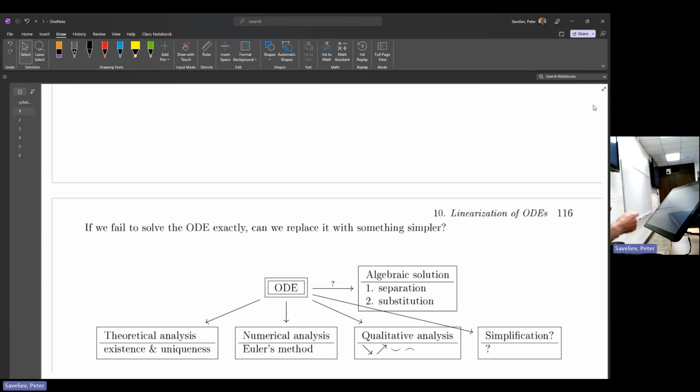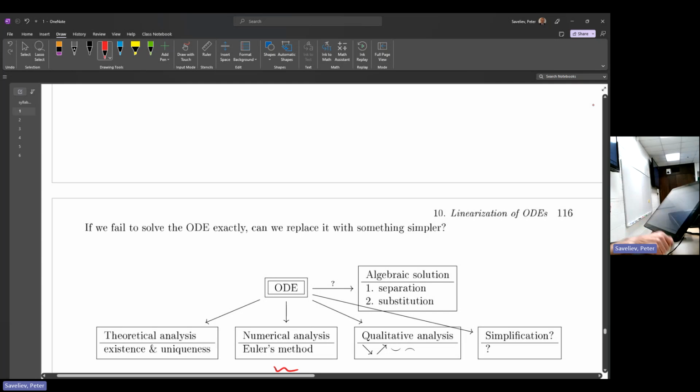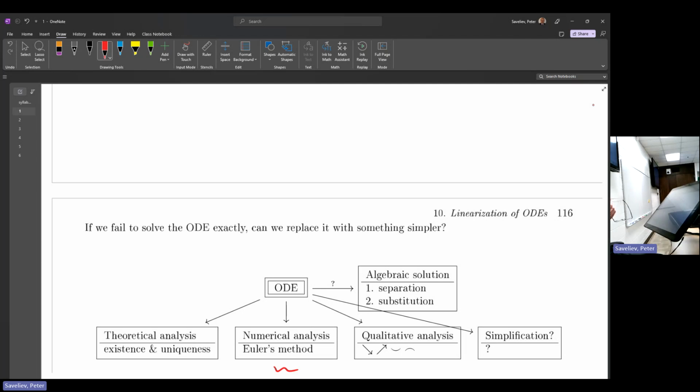So the idea is simplification. Simplification of what? Of the differential equation itself, not its solutions. Instead of a continuous curve, you make it a bunch of dots that approximate the continuous solution somehow. That is simplification of the solutions, and nothing happens to the differential equation.